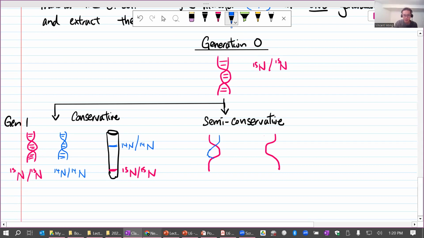So everything is going to be blue on the newly created strand. I'm not going to draw the lines in the middle. It's too hard to be half blue, half red, but you get it, right? So this is N15/N14 in the same DNA molecule. Same thing over here.